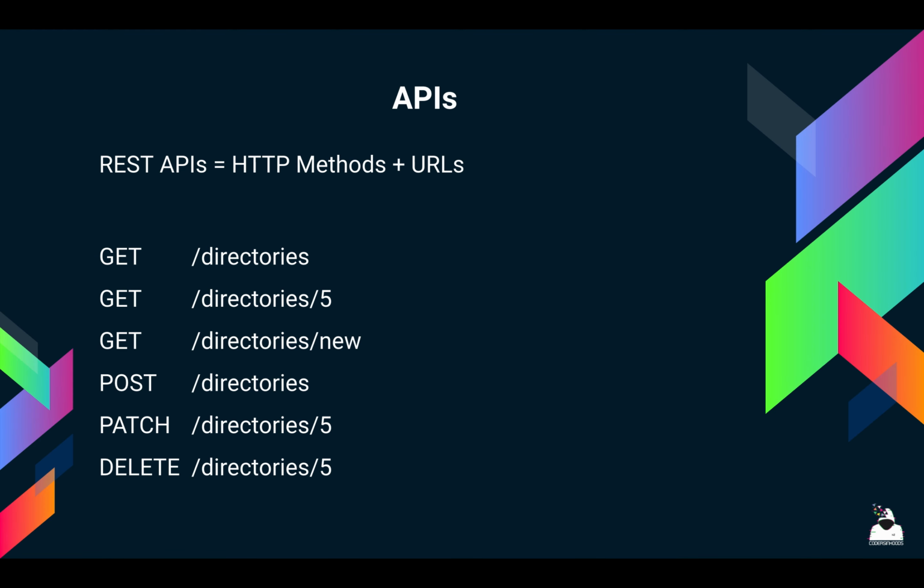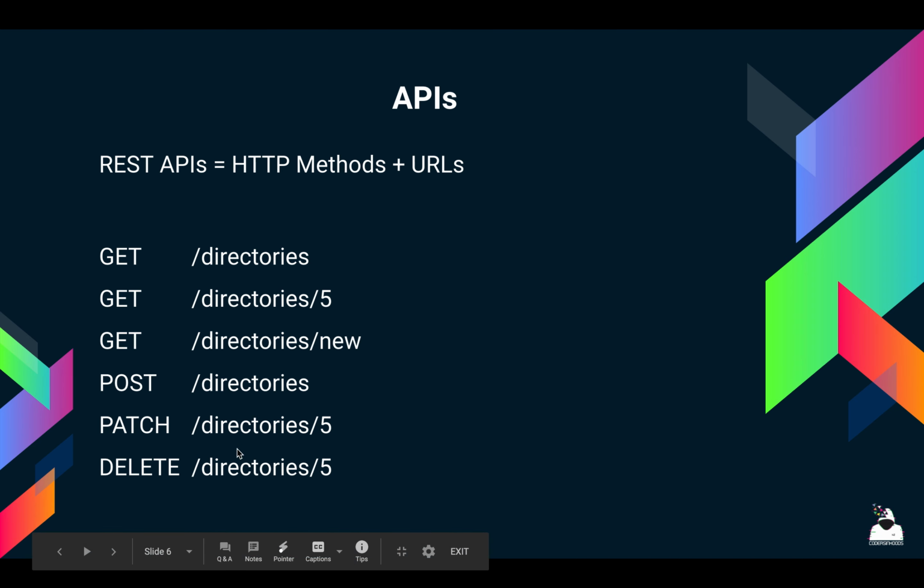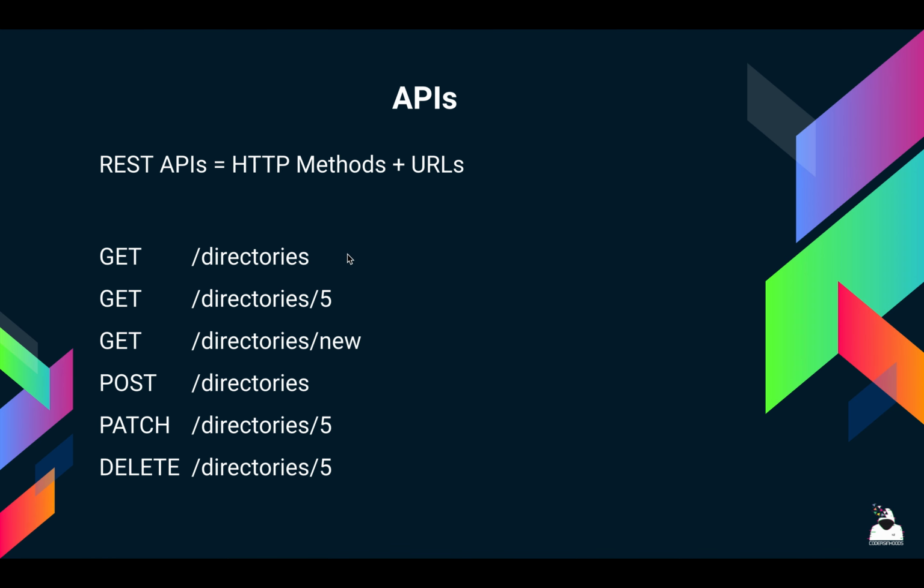And if we combine the two, on this first line we have get /directories. That is going to be almost like a home page for this directories information. We just want to see all of the directories. Then if we go down to this section, we want to post some data. We're sending some data to /directories.